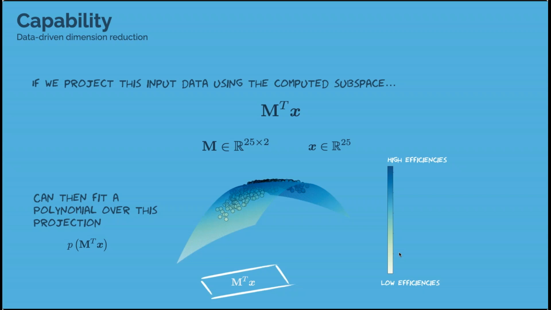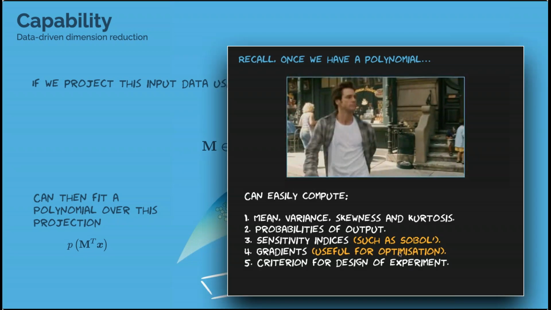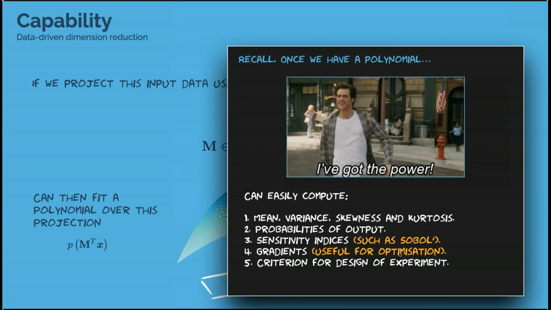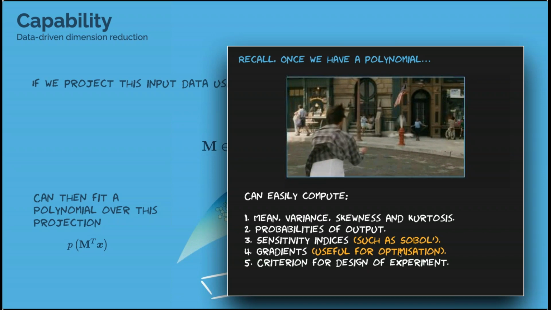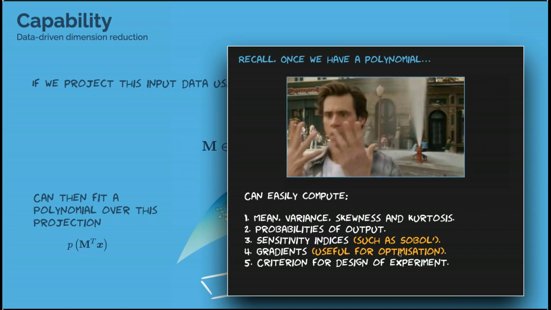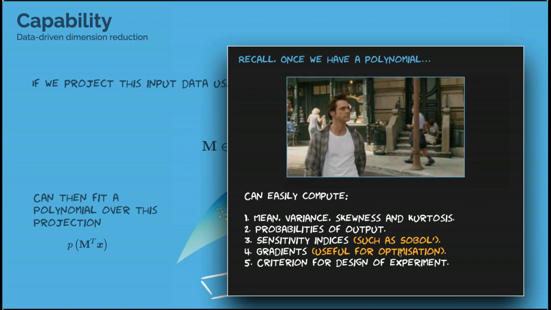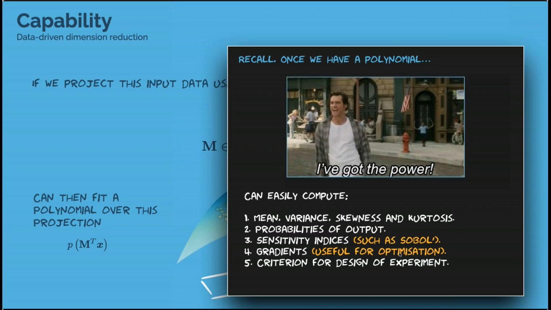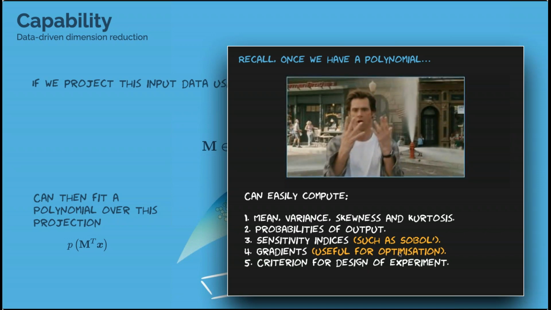So although you've constructed this polynomial in 2 dimensions, you can figure out, or estimate rather, what the sensitivities are with respect to the original 25 parameters that you have. And it's the same idea as before: once you have a polynomial that's constructed, whether it's over a hypercube or some sort of a projection of a hypercube, you can easily compute these quantities as mentioned before.